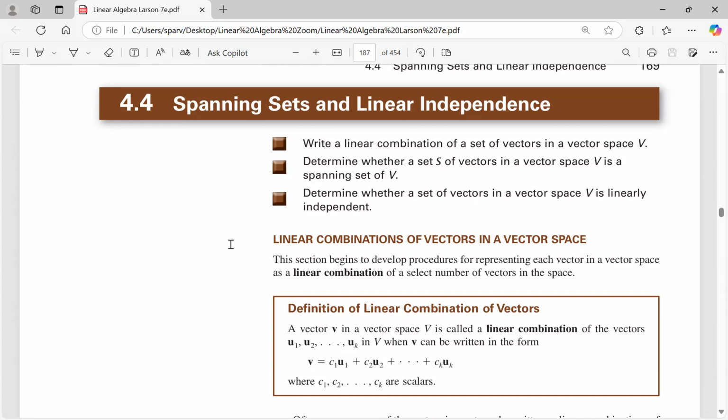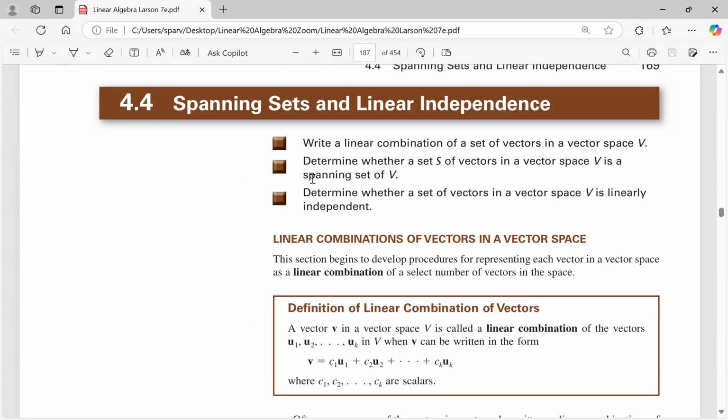That's called the spanning set. Okay, so that's what we want to do. That's the definition of linear combination. We'll define what the spanning sets are in just a moment. But again, we want to represent the vectors in the vector space as a linear combination of other vectors in the space.